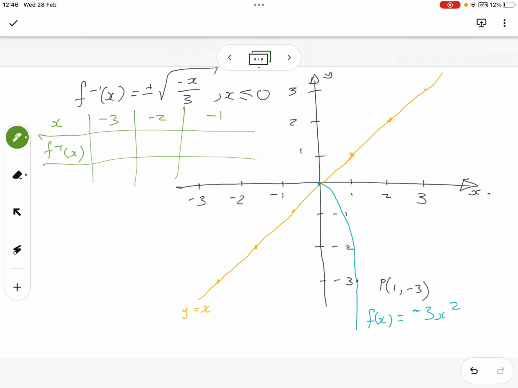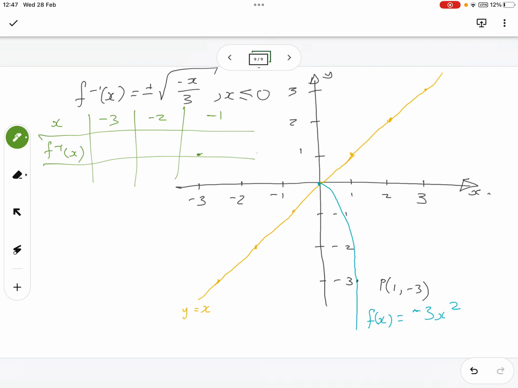Okay. At x is -3, what's the value? It's 1, eh? So at x is -3, that is 1. At x is -2, root 6 over 3. In decimals, what does that give us? 0.82. 0.82.